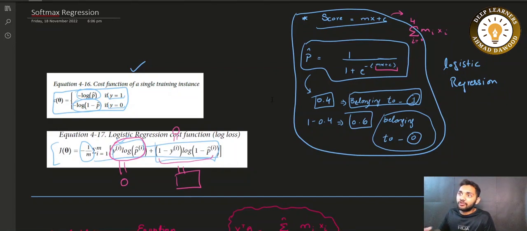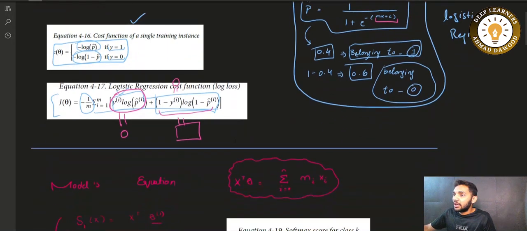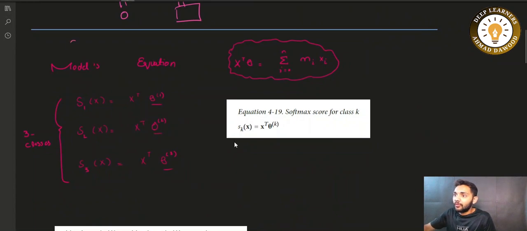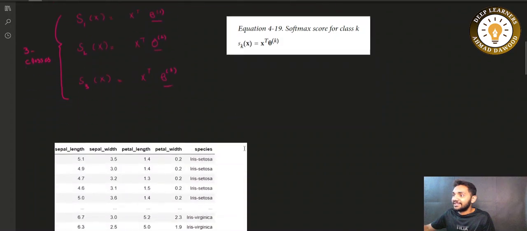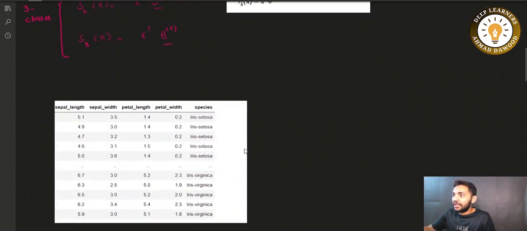Instead of just one score, as we had in logistic regression, in softmax regression we will have as many scores as we have classes. Let's say we have a data set like we had in the last session, in which there are four independent variables and one target column, and there are three classes: Setosa, Versicolor, and Virginica.